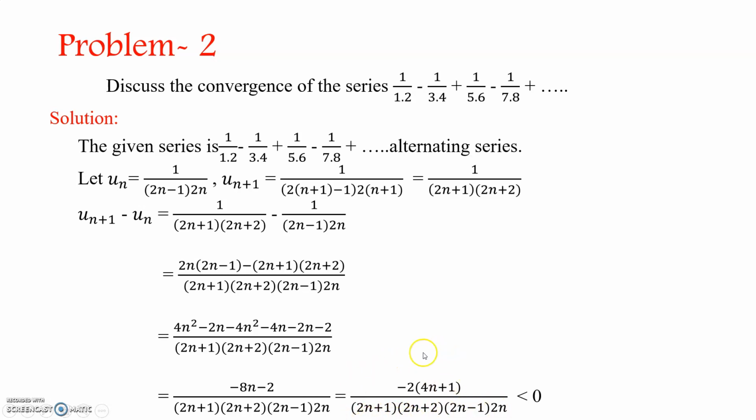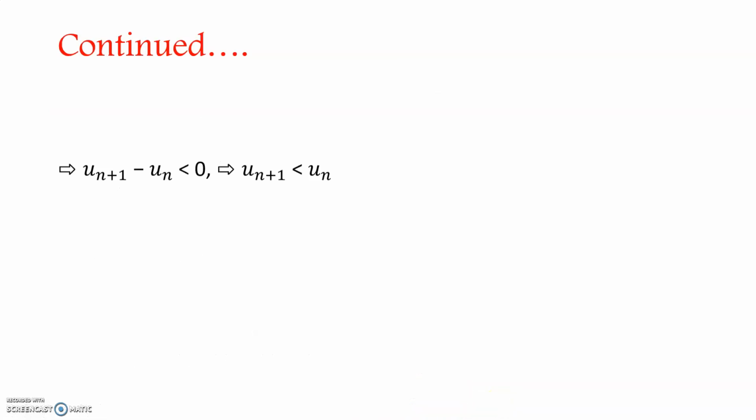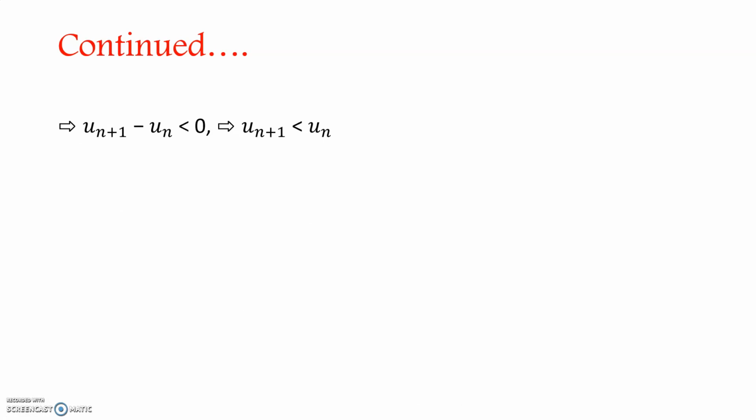If you give any value for n, this value is less than 0. Next, un plus 1 minus un is less than 0, which implies un plus 1 is less than un. Therefore, the terms are decreasing.